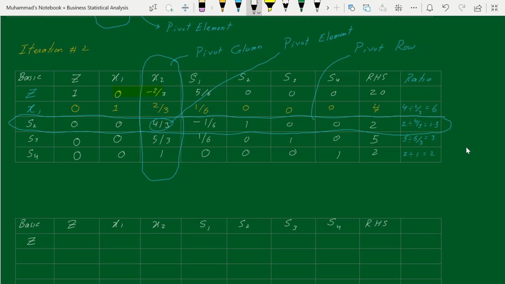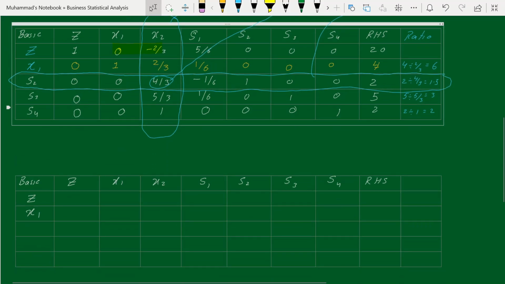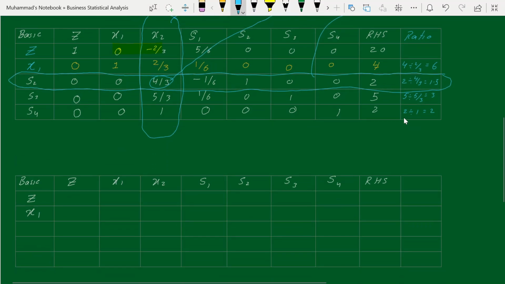Here we have Z. Now S2 is the leaving variable, and our entering variable is X2. So I write X2 in here, and then we can write down S3 and then S4.